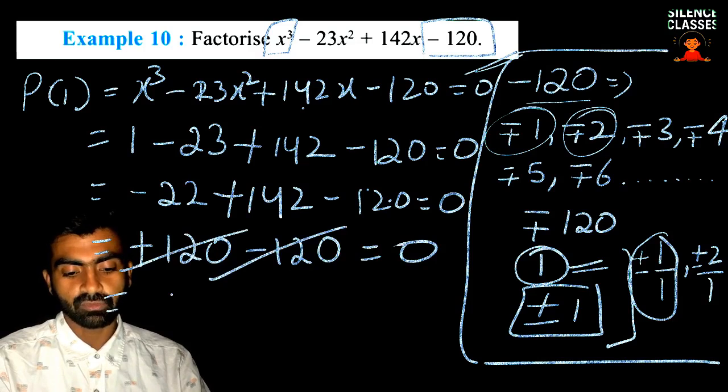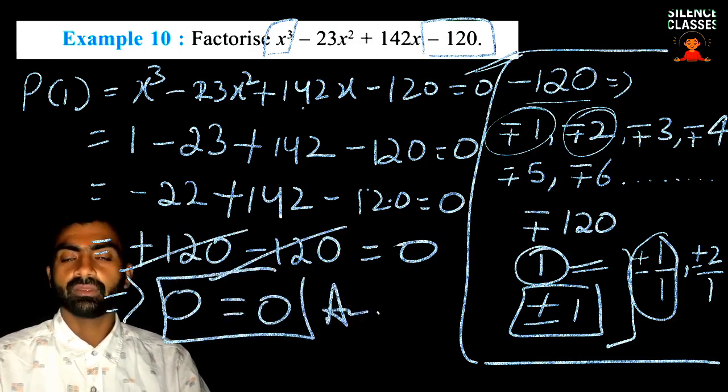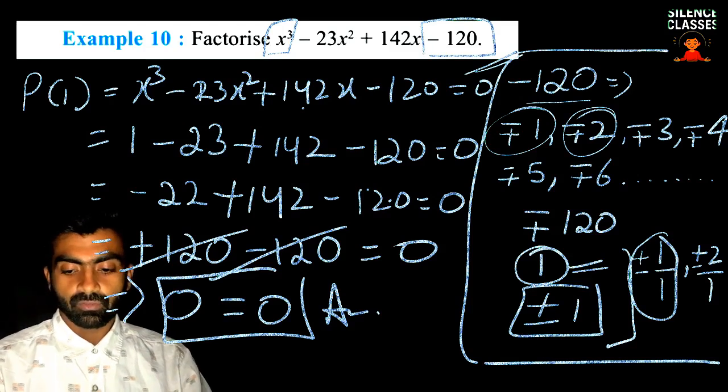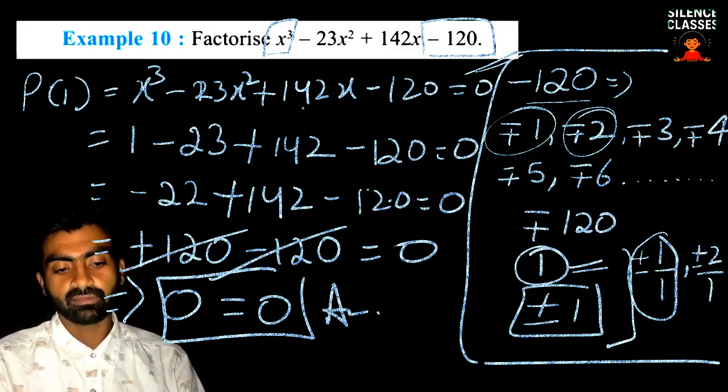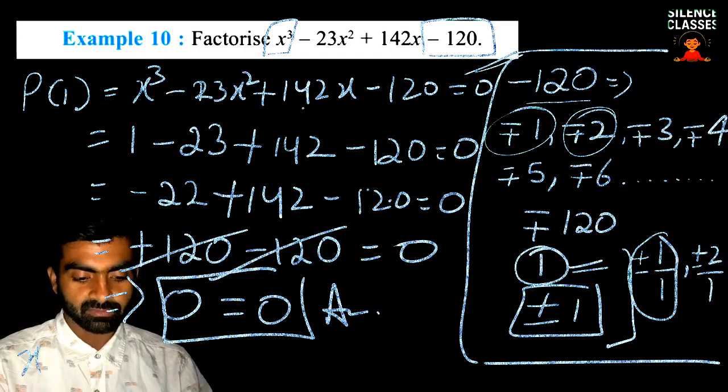We can cancel, so it becomes 0 equals 0, which is the answer. It means we got that 1 is a zero of this particular equation. So we can take x equals 1.